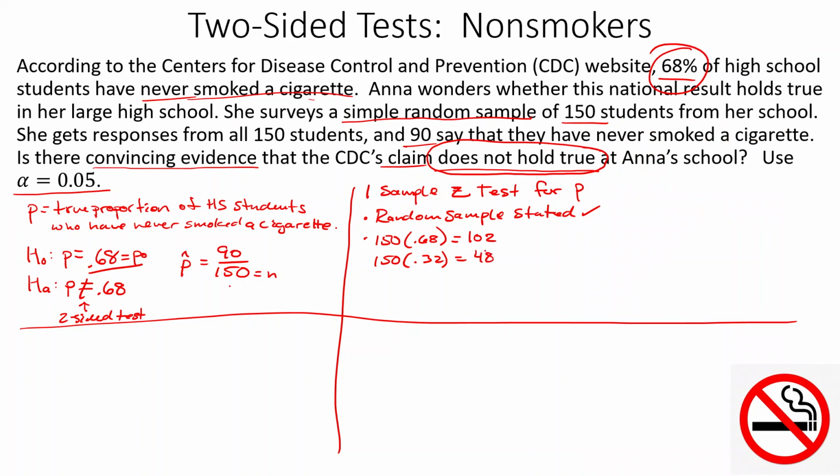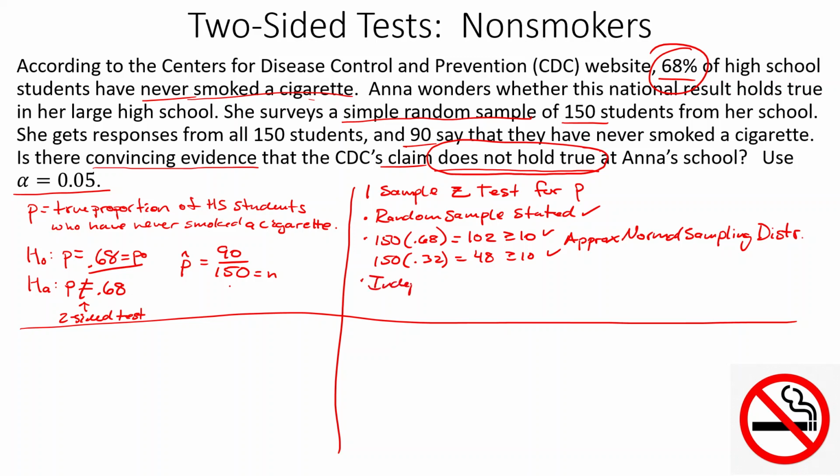The reason I got that so quick is these two have to add up to 150. This is greater than or equal to 10, and this is greater than or equal to 10, so those both work out. So that means we have an approximately normal sampling distribution. I would hate for you to lose points on the AP exam just because you're too lazy to write out words. So just write them out, please.